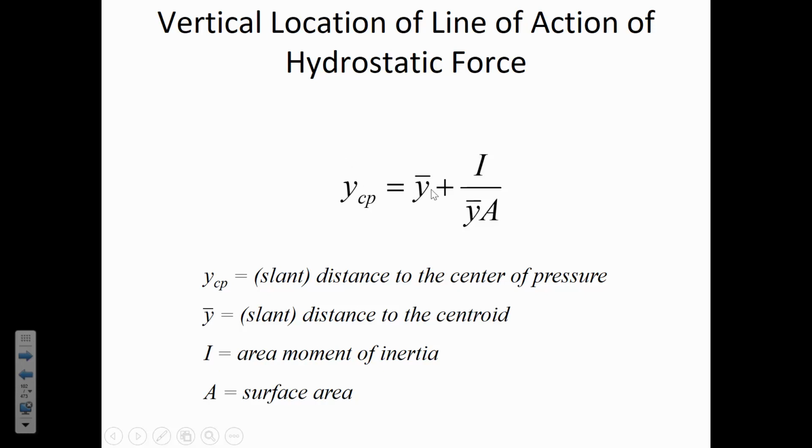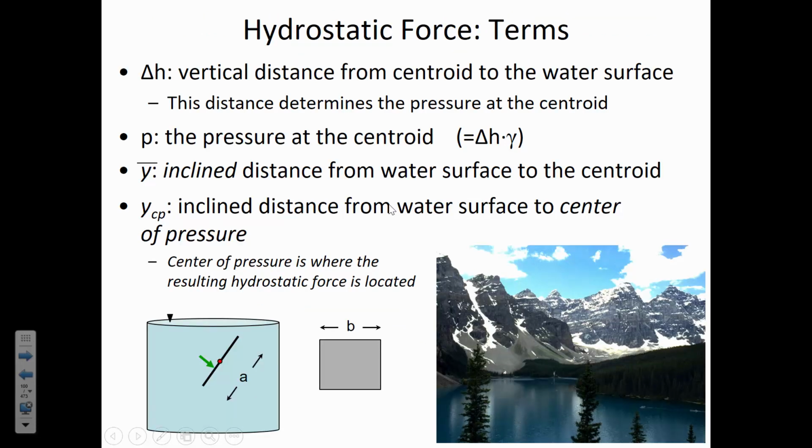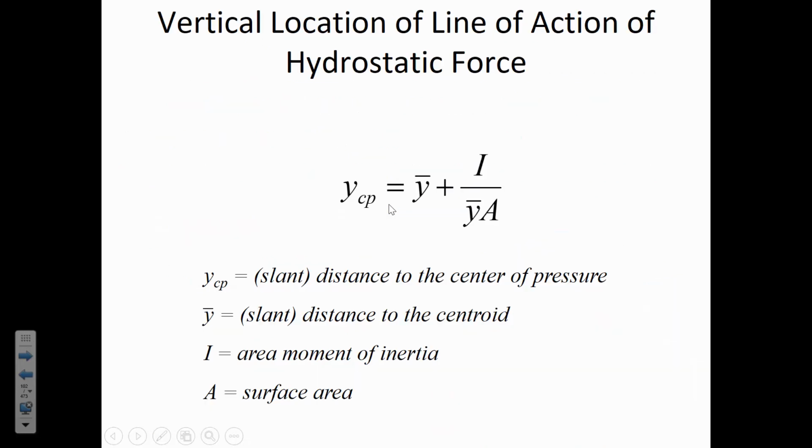And so we have to know the Y bar formula, location, which is to the centroid, and then we use the area moment of inertia, I, and then the Y bar times A. So it tells us that YCP is going to be at least Y bar and then some additional distance below the centroid.